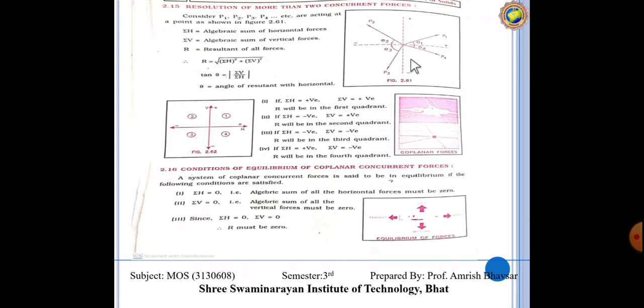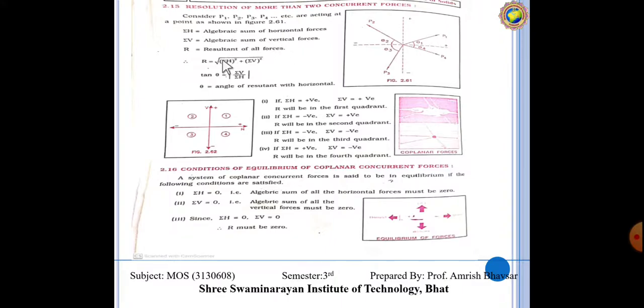First we take the components of all the forces on the x-axis as well as on the y-axis. The summation of all components along the x-axis is sigma H, and about the y-axis it is sigma V. Sigma H is the algebraic sum of all the horizontal components converted from the given forces, and sigma V is the algebraic sum of all the vertical components.